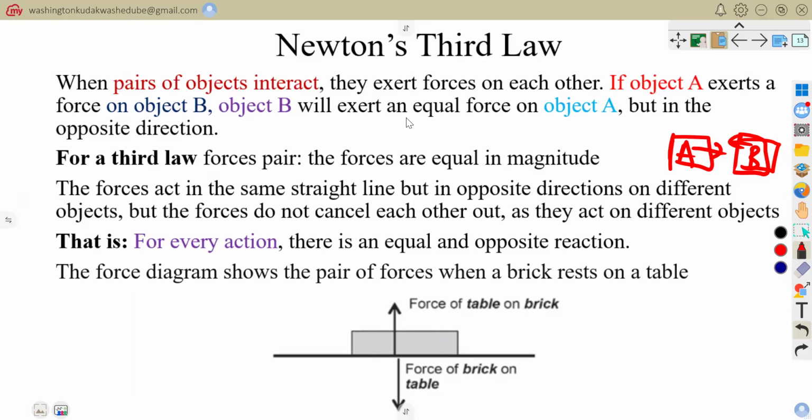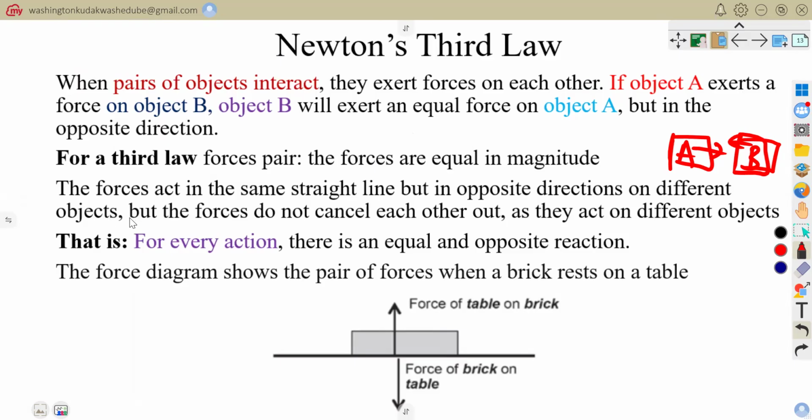Whenever we have a pair of objects interacting, these objects will always exert forces on each other, so that if object A exerts a force on object B, object B will exert an equal but opposite force on object A. That is what Newton's third law says, where forces are in pairs and are equal in magnitude but opposite in direction.